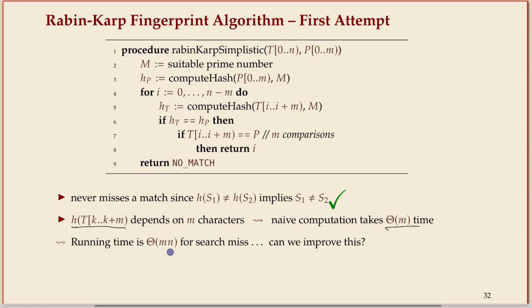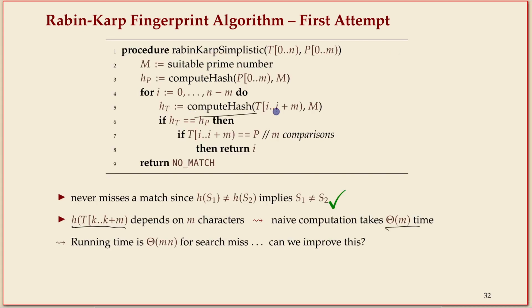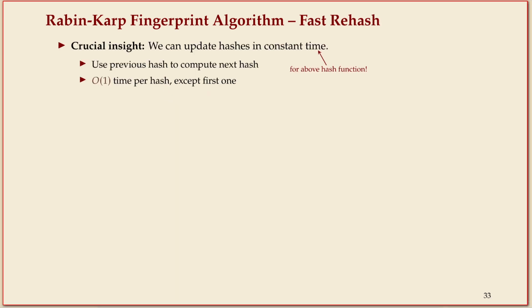So it would give us an overall running time of just the standard brute force algorithm. So why bother? The reason is that we can modify how we compute the hash of each of the portions of the text to be much, much faster. And then it becomes interesting again.